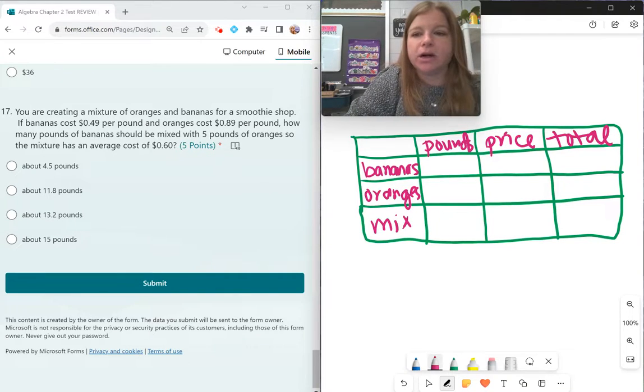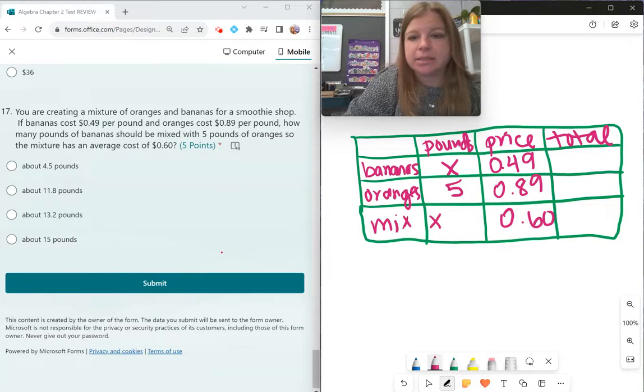So if bananas cost 49 cents per pound, I'm going to put 49 cents per pound, and oranges cost 89 cents per pound. How many pounds of bananas, so x goes in for bananas, should be mixed with 5 pounds of oranges so that the mixture has an average cost of 60 cents per pound? The mixture would be the amount of bananas, x, plus the amount of oranges, 5.